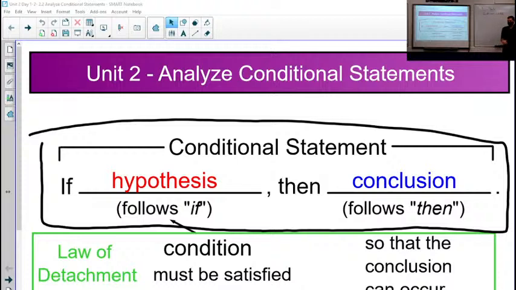And it's called a conditional statement because what it involves is I tell you a certain condition that I know to be true, and you are able to guarantee me a specific conclusion about whatever statement I gave you.